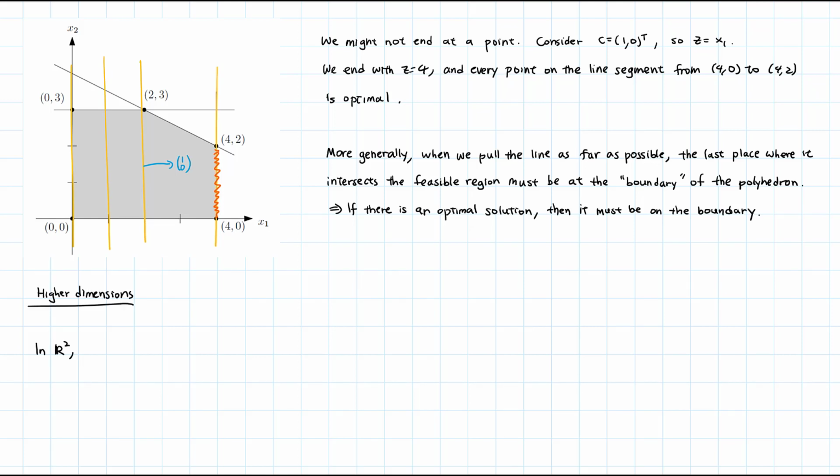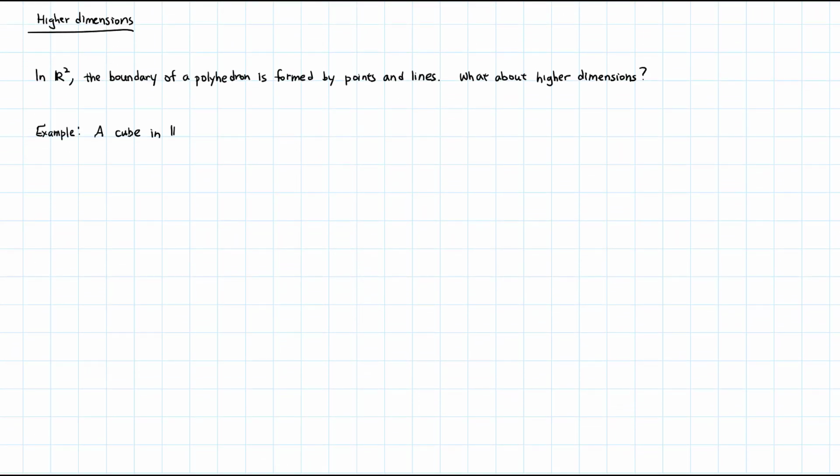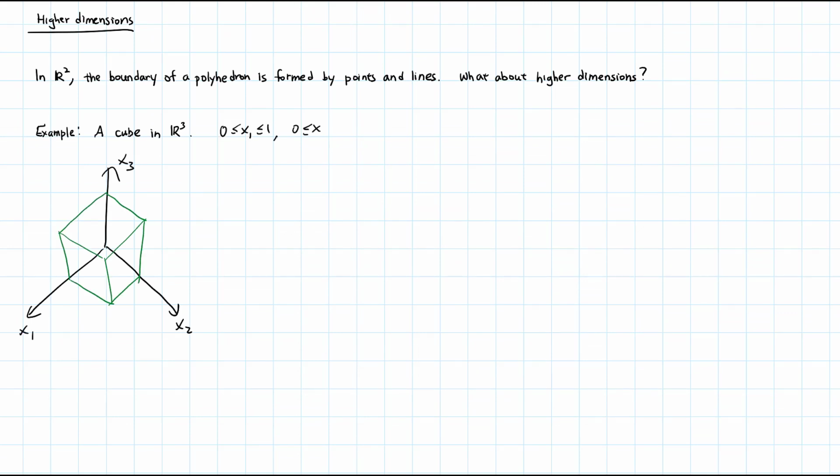Now in R2, the boundary of a polyhedron is formed by points and lines. But what about higher dimensions? Let's have a look at an example of a cube in R3. Say it is defined by all three variables ranging from 0 to 1.